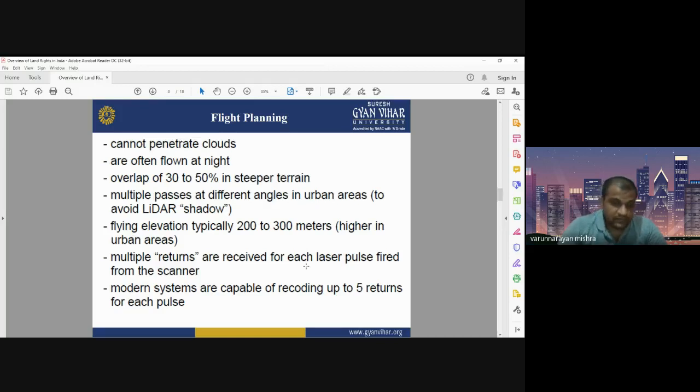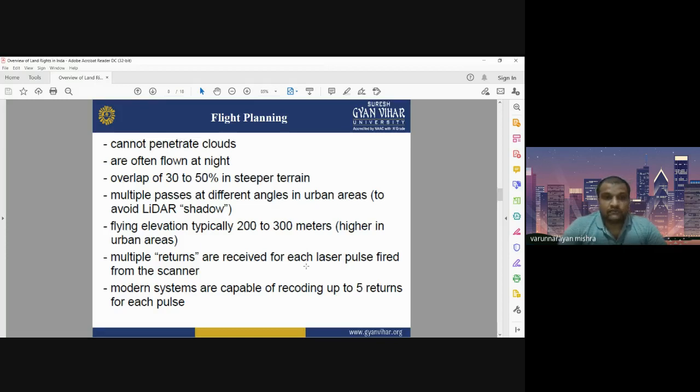In the night time we use infrared radiation of the electromagnetic spectrum to get the information about the terrain features. And there should be at least 30 to 50% overlapping when we are surveying steeper terrain.